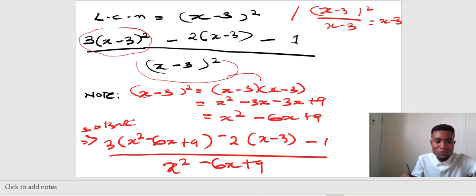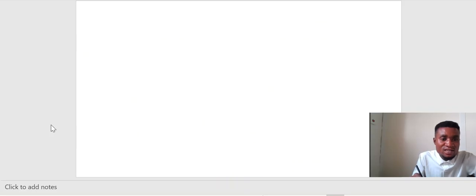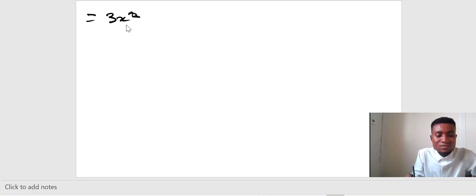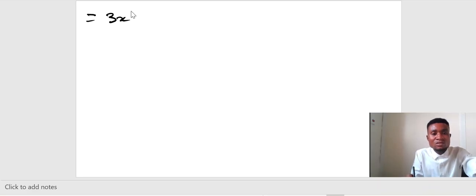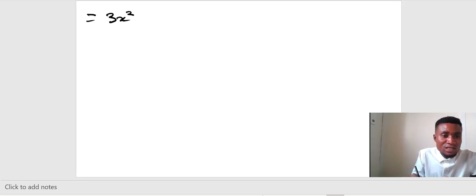If we do so, 3 multiplied by x squared gives 3x squared.